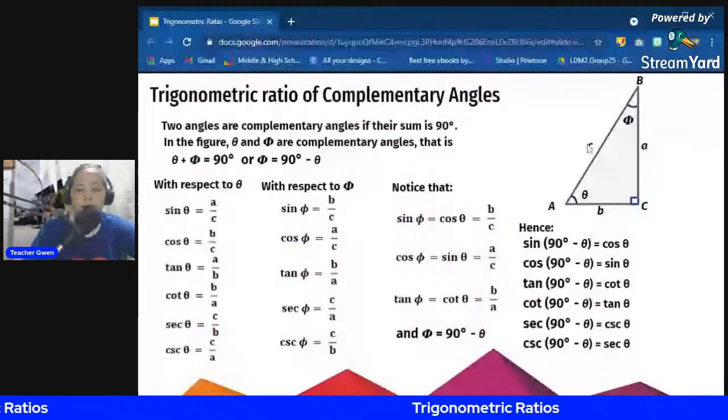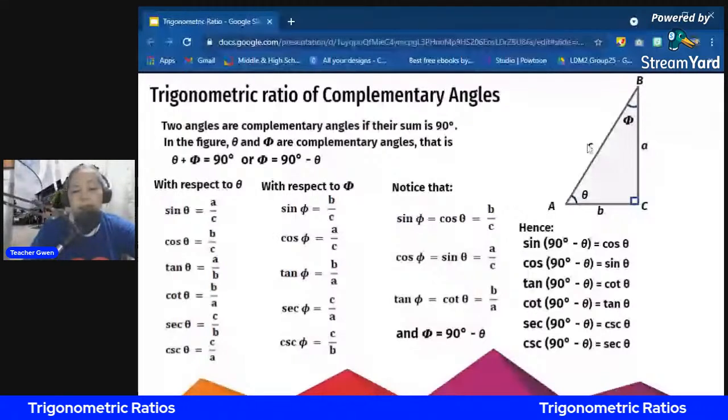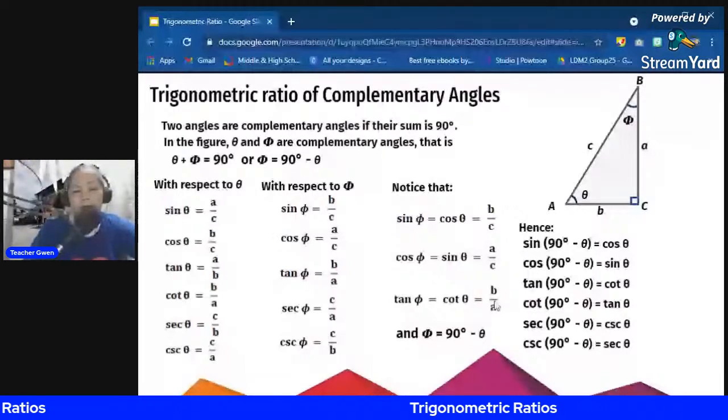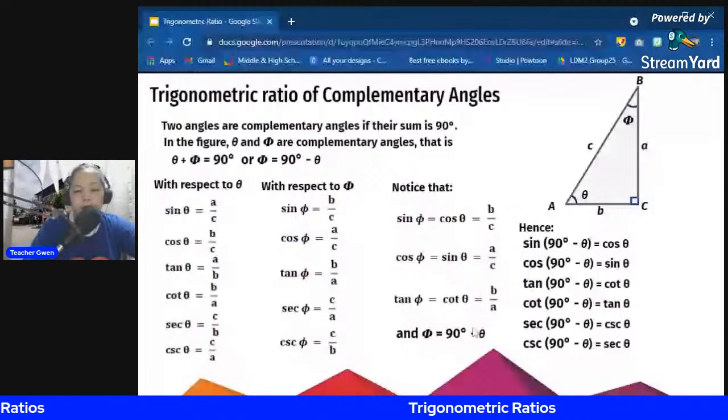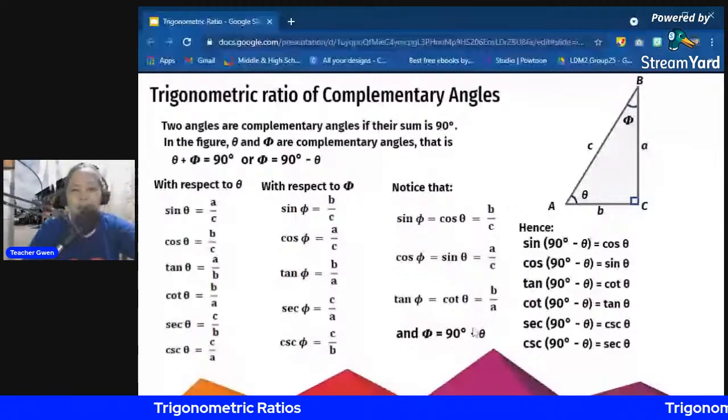Then tangent phi is equal to cotangent theta, which is b over a. Take note, phi is equal to 90 degrees minus theta, the complementary angles we mentioned earlier.